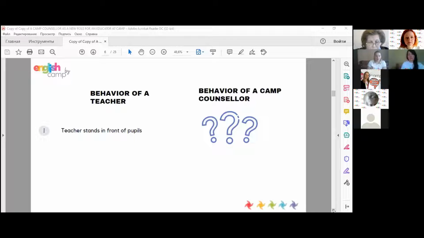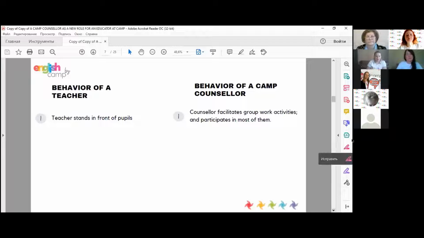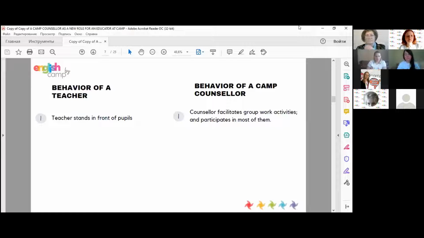Engages in activities together with campers. Yes, and that's what our team decided while we were discussing that. So a camp counselor facilitates group work activities and participates in most of them.